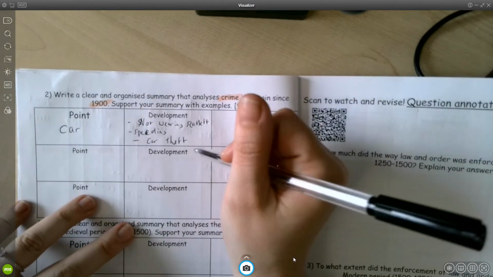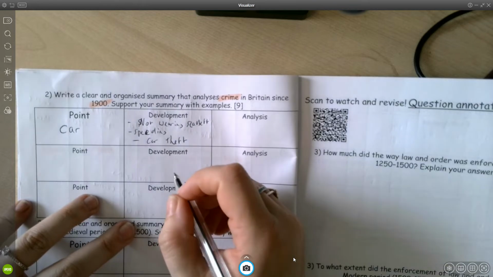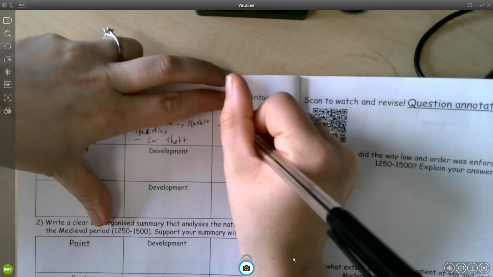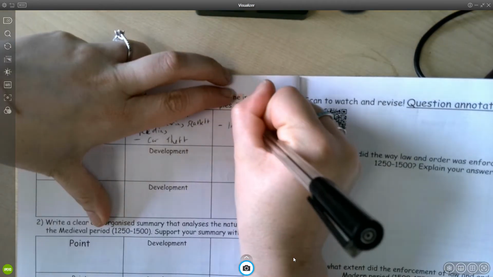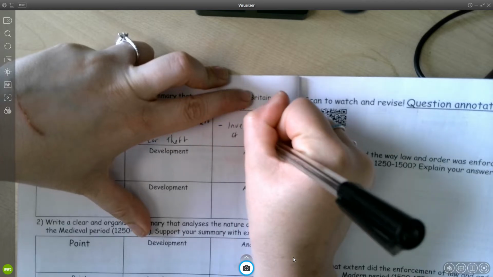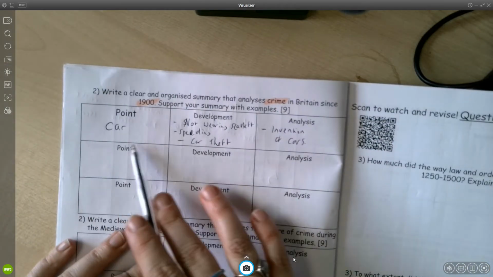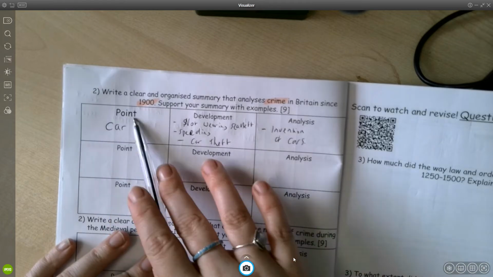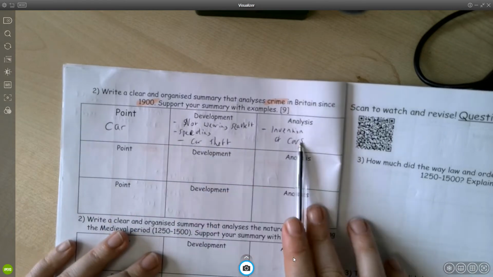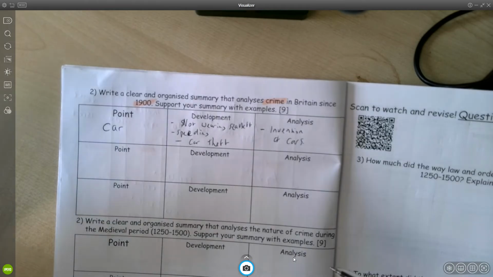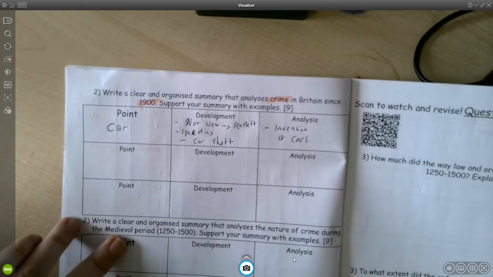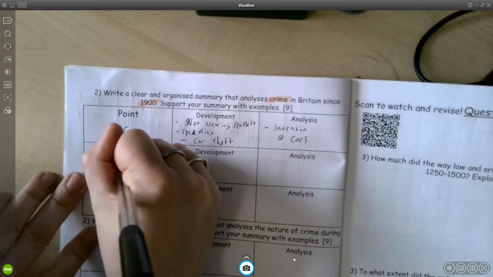Analysis, this is about why does this become a crime in this time period. So I'm just going to put invention of cars. And I know that if I put my linking sentences in between each of those points, point, develop, analyse, that will be 6 marks. Next one, cybercrime.